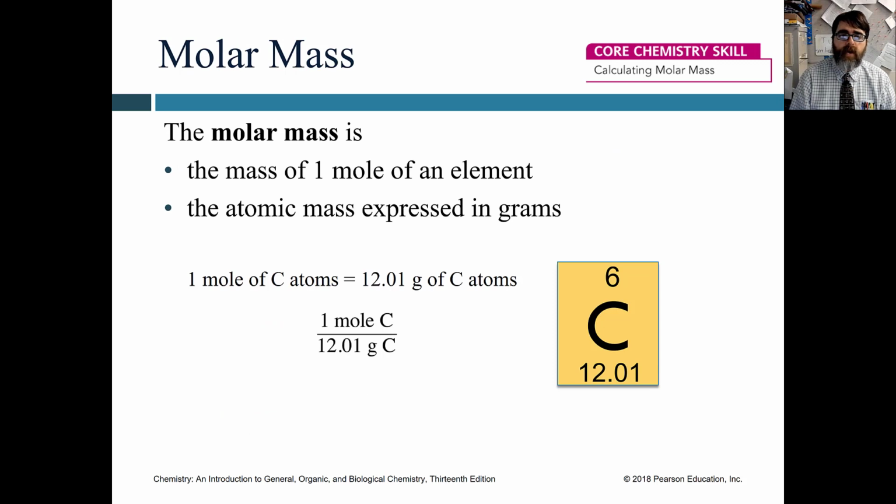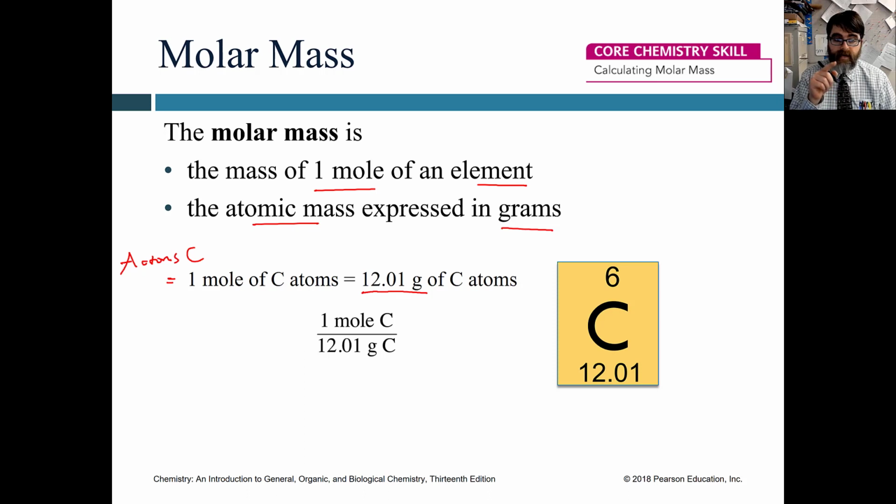So first off, molar mass is the mass of 1 mole of an element, or it could be a molecule as well, as we'll see here in a bit, and it is the atomic mass in grams. So if I have 1 mole of carbon atoms, then 1 mole of carbon atoms is 12.01 grams of carbon atoms. And of course we know that this is also equal to Avogadro's number worth of atoms of carbon.